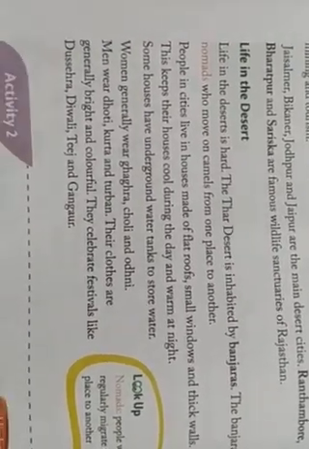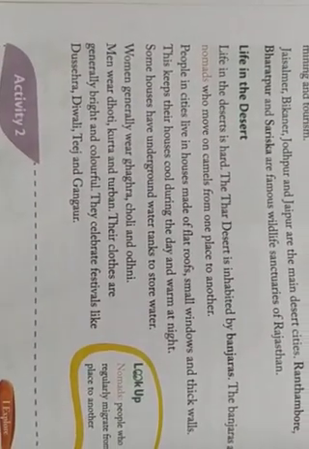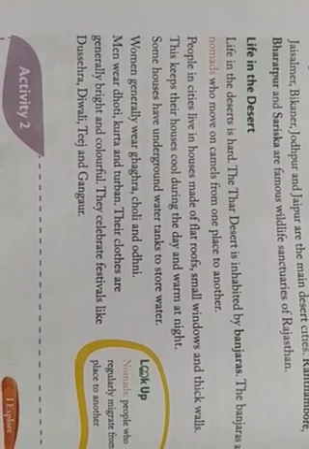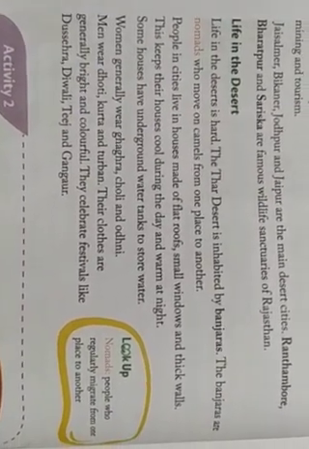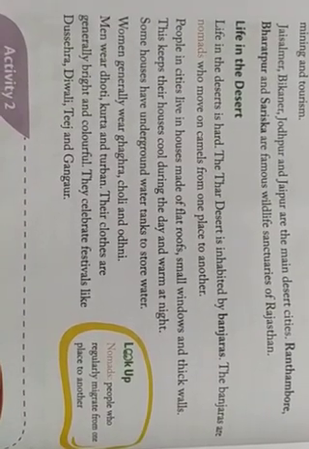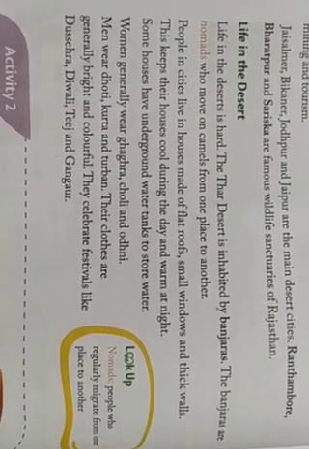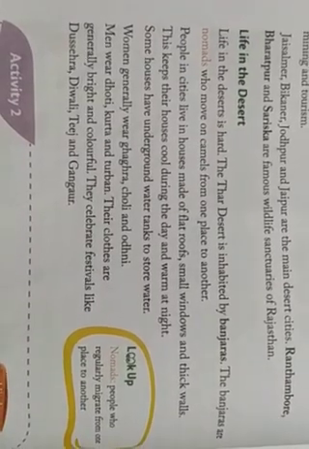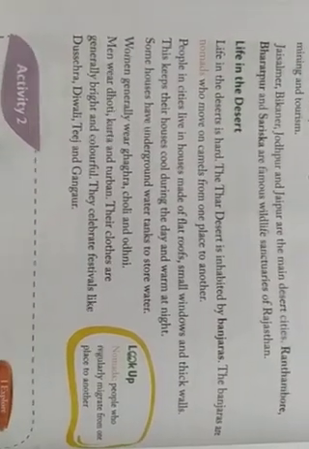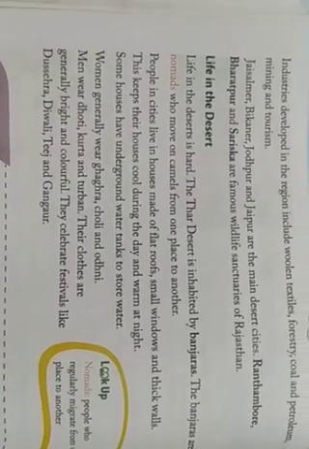Now we can see the life in the desert. Life in the desert is very hard. The Thar Desert is inhabited by Banjaras. The Banjaras are nomads who move on camels from one place to another. Yes, children. So we can mainly see the Banjaras. What is meant by Banjaras?